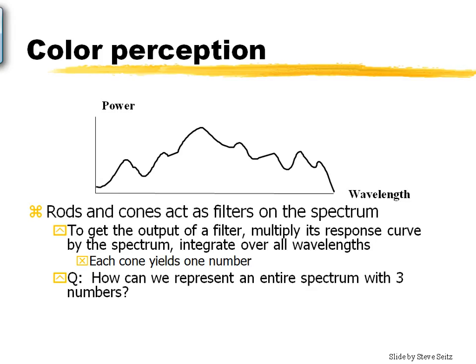When I say multiply, it's actually not multiply, right? It's convolution. It's convolved. Now, the question is, does each cone yield one number? Right? Well, we can think of it as one number because it's actually an integral response, right?